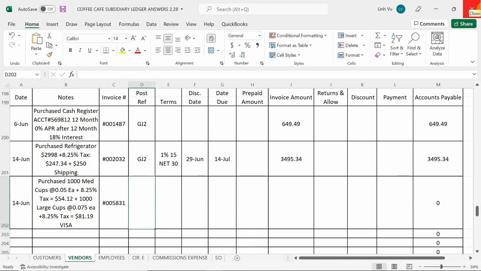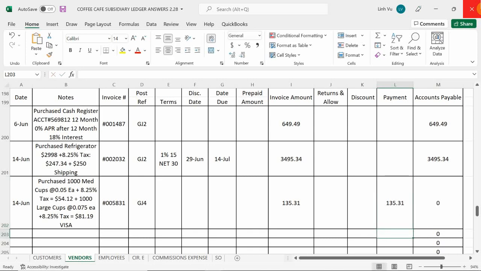Okay. Once again, General Journal number 4. Did we have any terms? No, because we paid it at time of purchase for $135.31, which we paid with our Visa credit card.